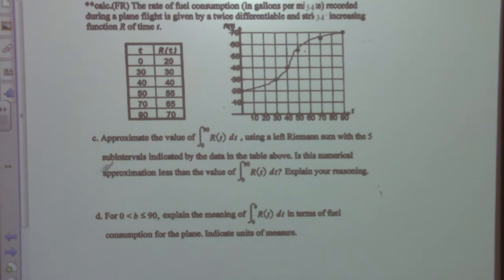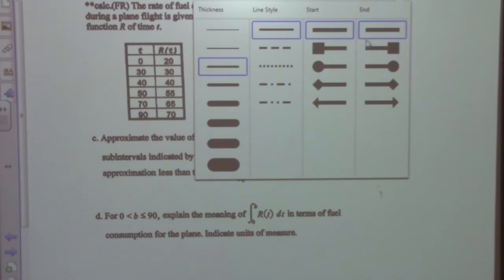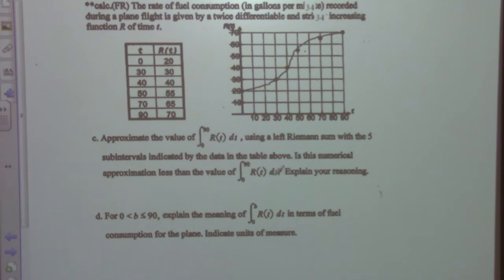I'm going to get a skinnier pen because I don't have a lot of writing room here. So it says approximate. The approximation of the integral from 0 to 90 of r of t dt equals, and it says 5, right?